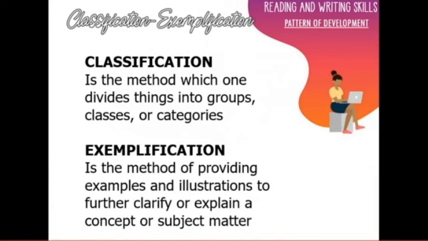And on the other hand, exemplification is the method of providing examples and illustrations to further clarify or explain a concept or subject matter. So, to put it simply, an exemplification presents the main idea in a general statement and then provides specific and concrete examples to expound it. Like it would give an example of something.